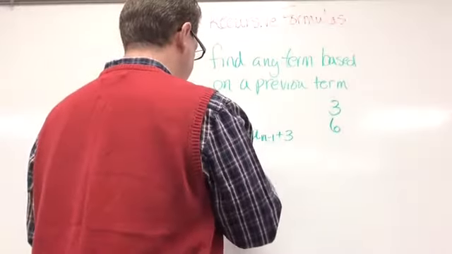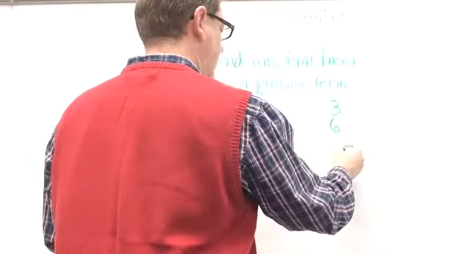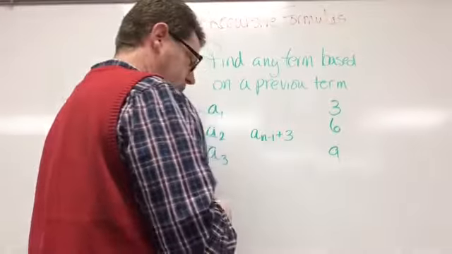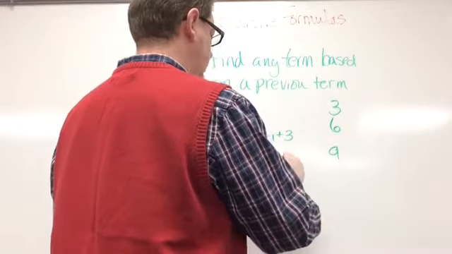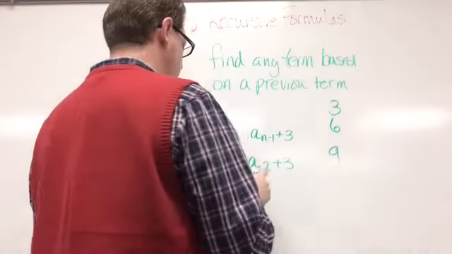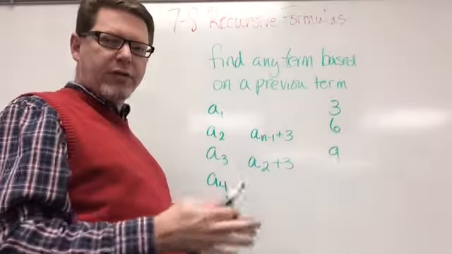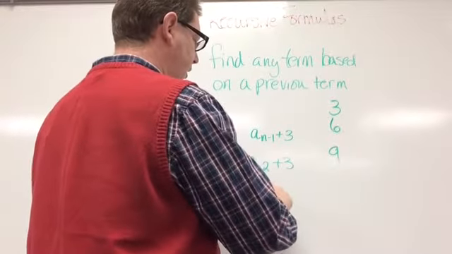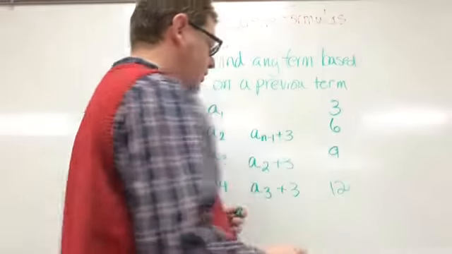And if a sub 3 is 9, well, how did I get that? I did a sub 2 plus 3. And if I have a sub 4, which would be the fourth term of the sequence, that would be a sub 3 plus 3, which is 12.